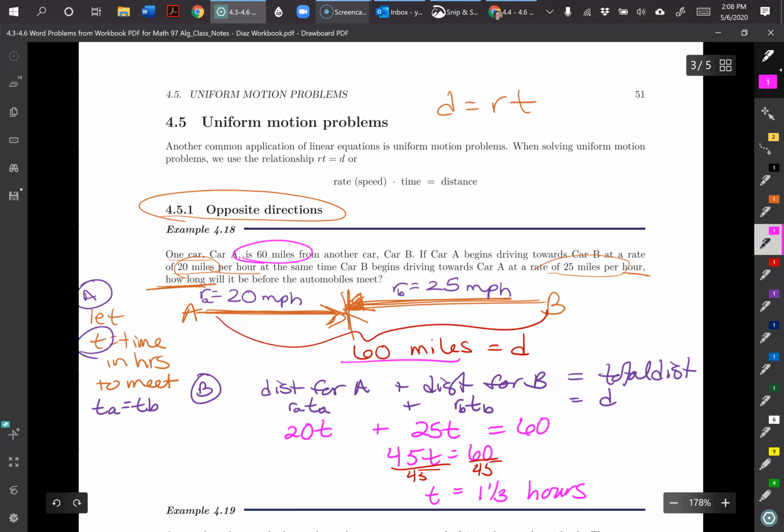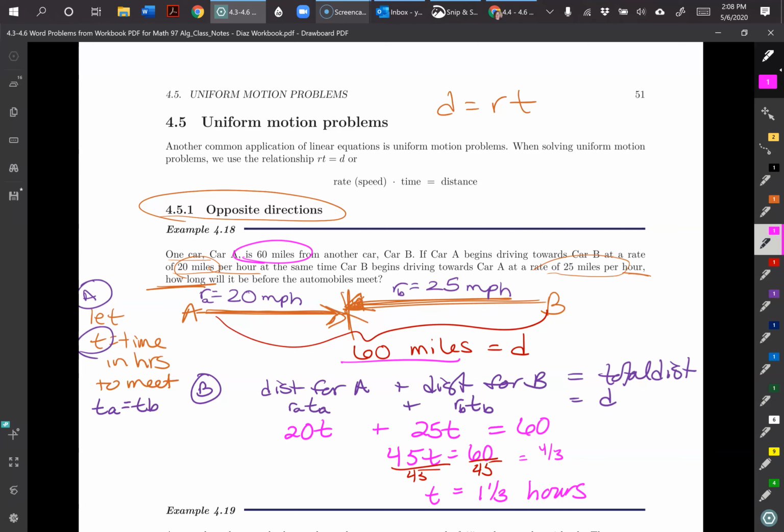Okay, you just reduce that to 4/3, but we don't usually say 4/3 hours. So I know a lot of times I wanted you to keep things as improper fractions, but for word problems, that's usually the other way around. A mixed number or decimal is good.